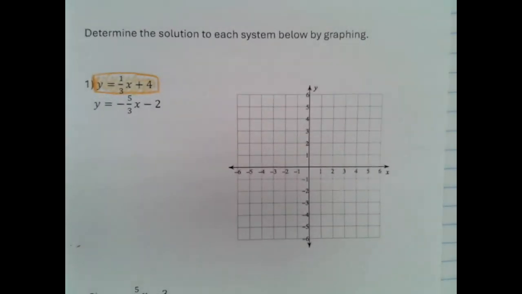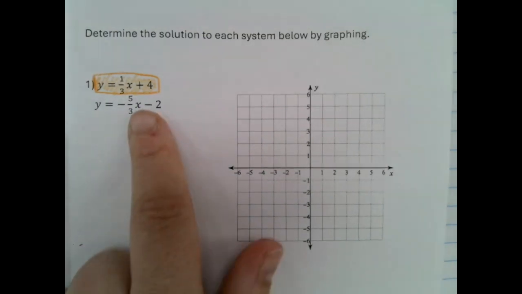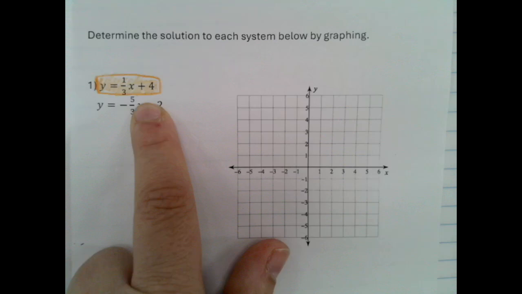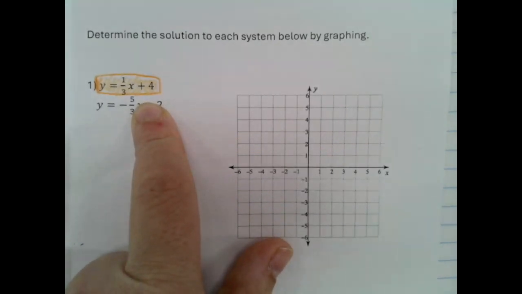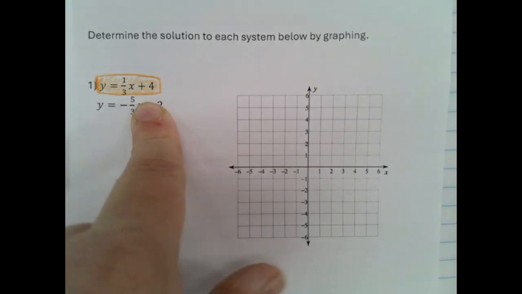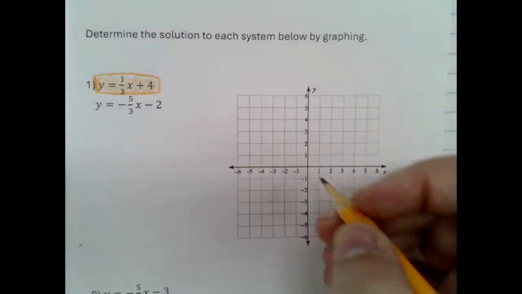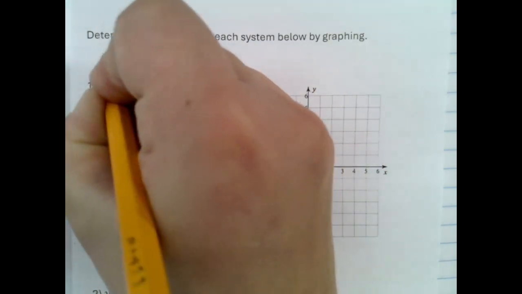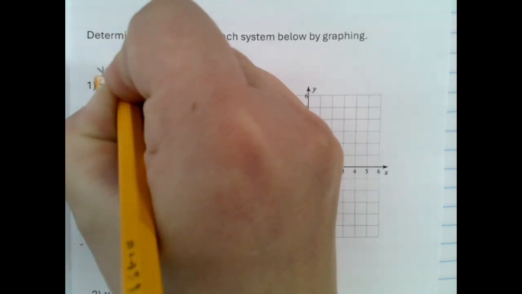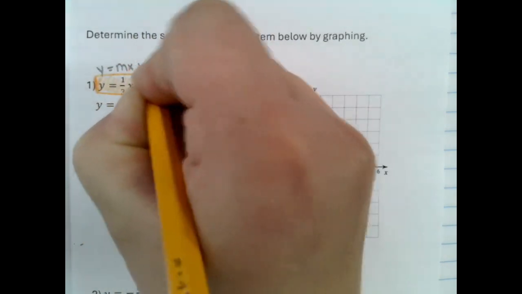Is that slope-intercept form, point-slope form, or standard form? No, it's been a long weekend. Yeah, slope-intercept form. Good. Slope-intercept form looks like y equals mx plus b.